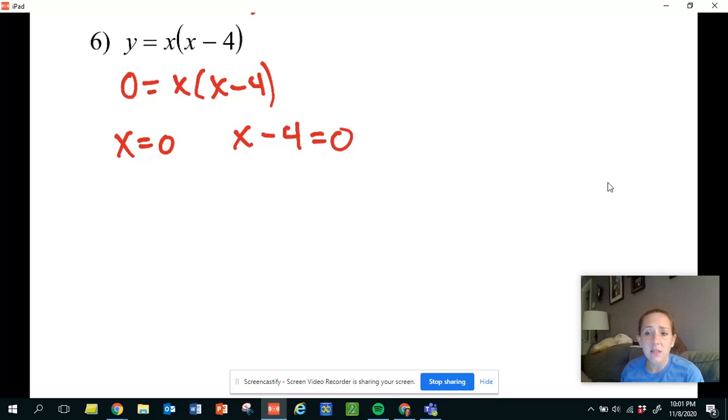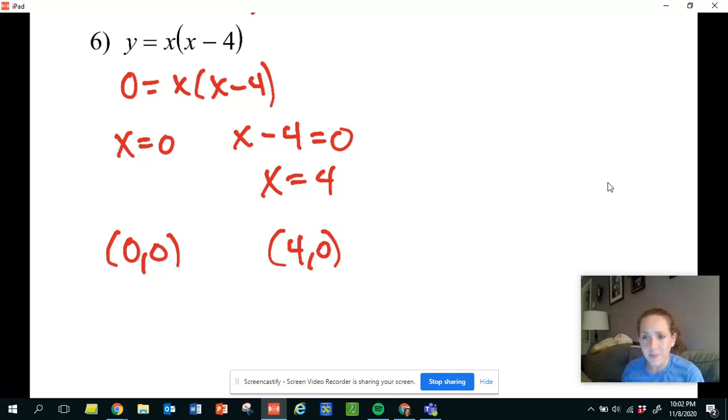So in this case, the first factor is just x, so it doesn't have to be solved at all. The second one, to solve that, you would add 4 to both sides, or essentially just flip the sign. So x equals 4. So my x-intercepts are the points 0, 0, and 4, 0.